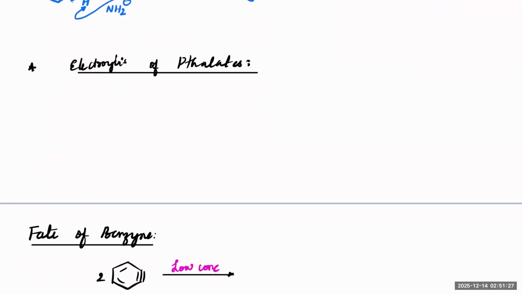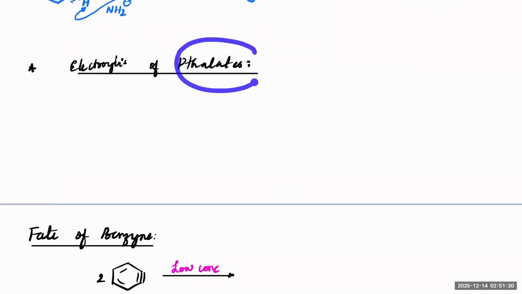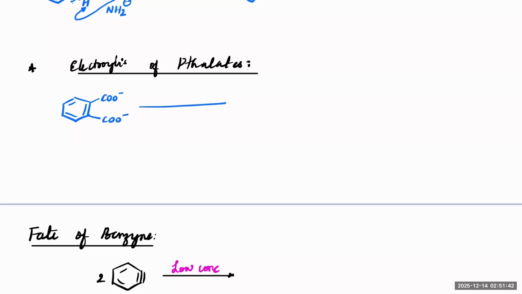Next, electrolysis of phthalates. Phthalates can also give you the same thing. That is, in case if you have phthalate, COO minus, COO minus like this. Imagine making KE, that is Kolbe's electrolysis. When you make Kolbe's electrolysis, just now I told you in Kolbe's electrolysis, wherever there is a COO minus, that will become COO dot because it will give away electrons.